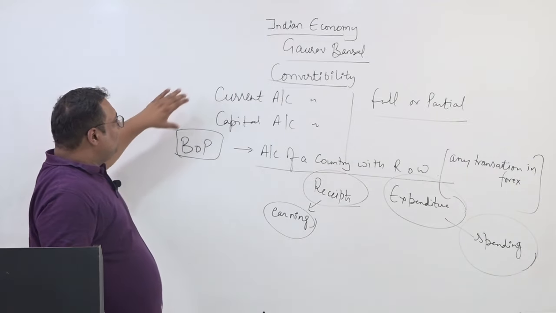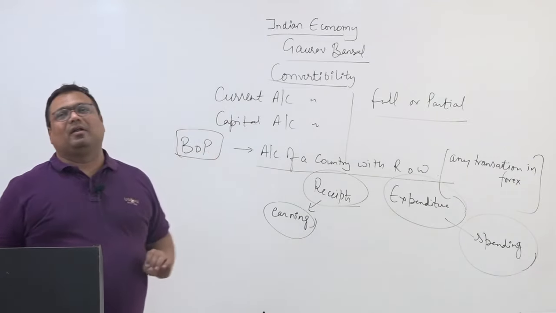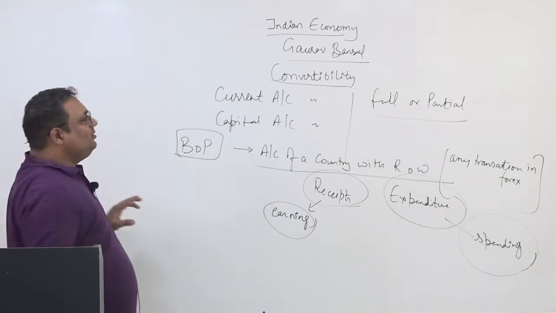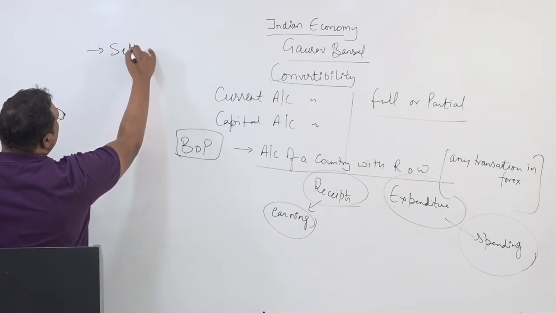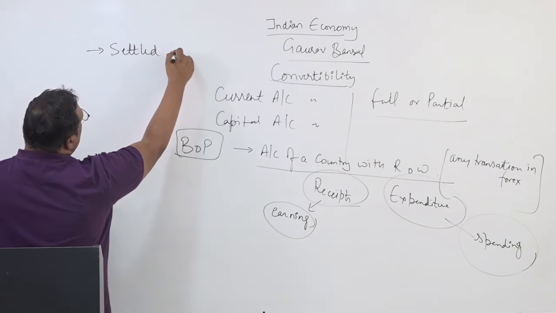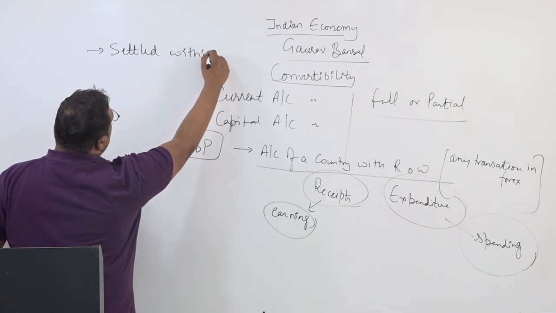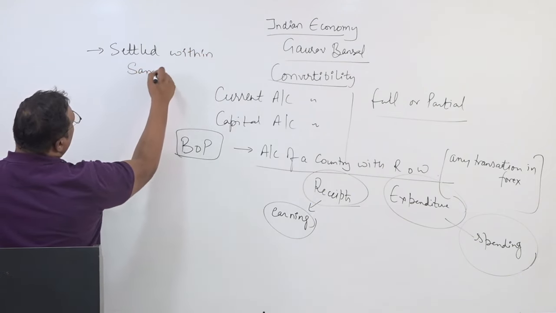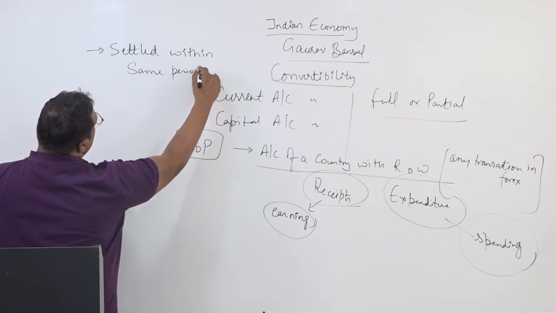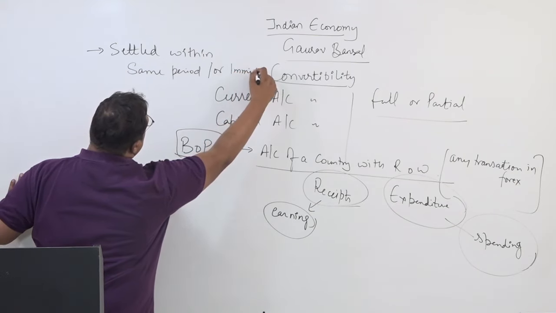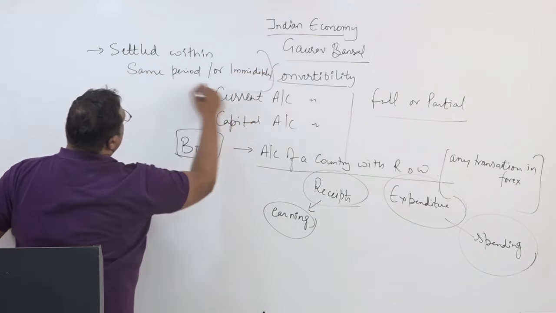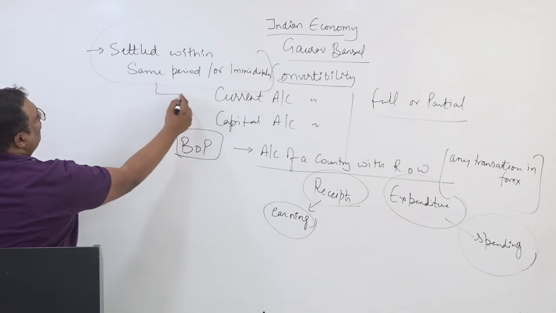Now BoP itself has two accounts, current account and capital account. All the transactions which are settled within the same period or immediately are part of current account.